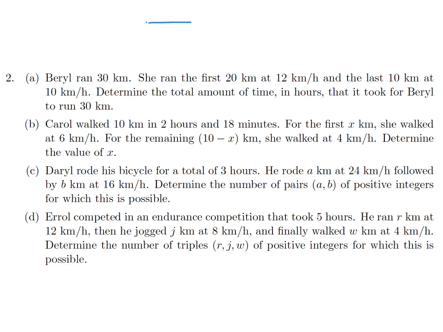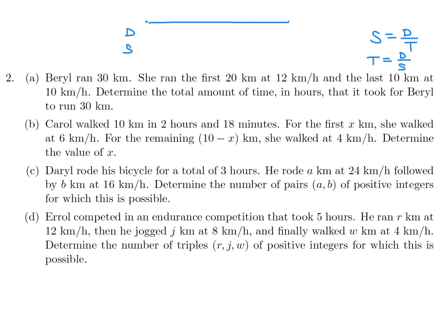So we have start to finish here, the distance and the speed. And remember, speed is equal to distance over time, or any variation of this formula. For example, time would be equal to distance over speed.